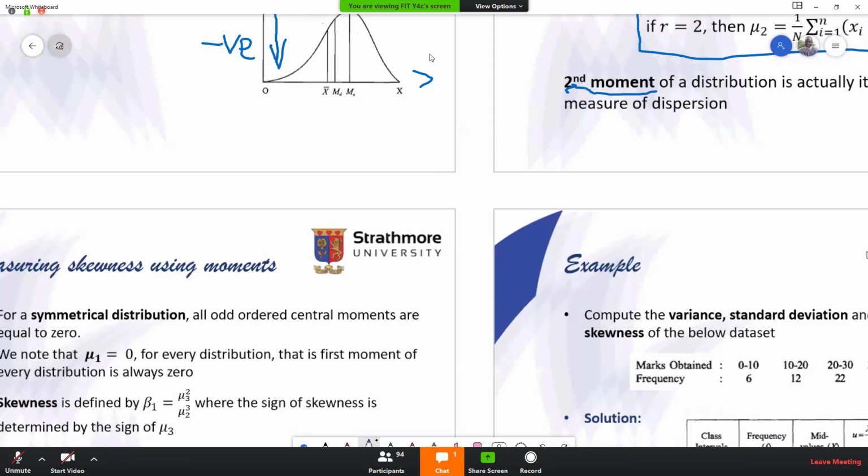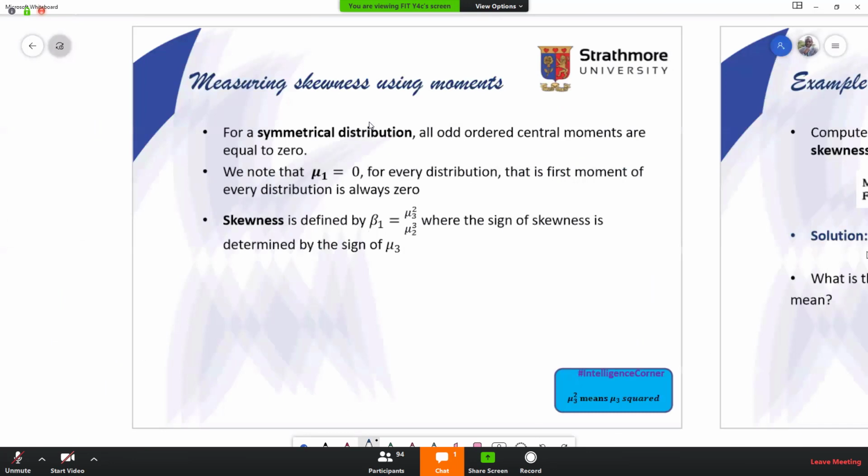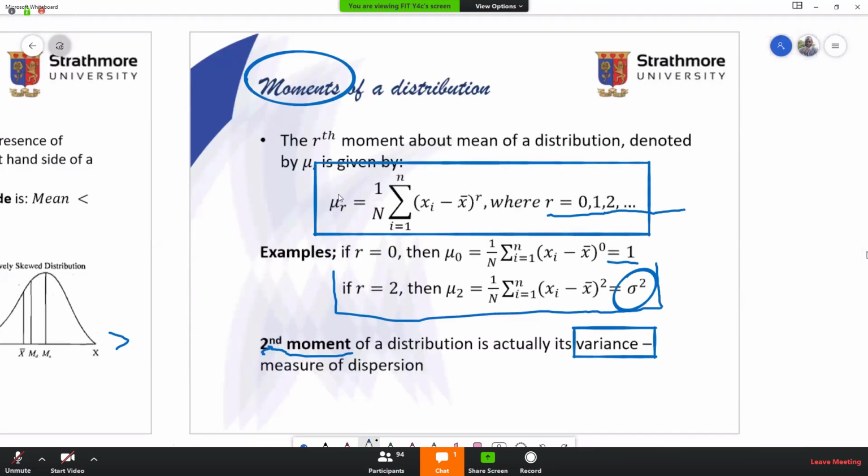So how do you measure skewness? Whether a graph or a distribution is positively skewed or negatively skewed. The way we defined moments up here, this sign here is a Greek letter called mu. So mu sub r, we read this as mu sub r because r is a subscript here.